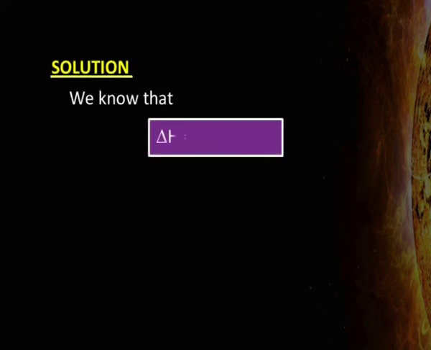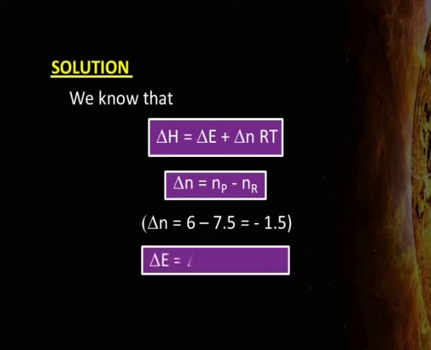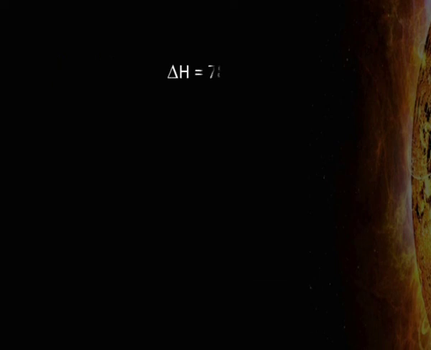You know that delta H is equal to delta E plus delta n RT, where delta n is the difference in the number of moles of gaseous products and reactants. Therefore, delta n is equal to 6 minus 7.5, which is equal to minus 1.5. Therefore, delta E will be equal to delta H minus delta n RT, putting the value of delta H equal to minus 780,980, delta n minus 1.5, R equal to 2 calories and T equal to 298 Kelvin.